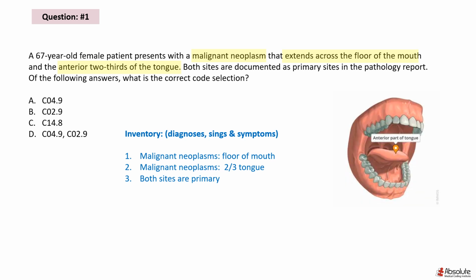I want to show you where the floor of the mouth is. A lot of you already know that it's underneath the tongue, and also the anterior part is above the tongue. So both of these locations, they're not the same. We see that, and they are two distinct locations. But one thing I notice, they are contiguous. In other words, they're next to each other. And there's a guideline for that.